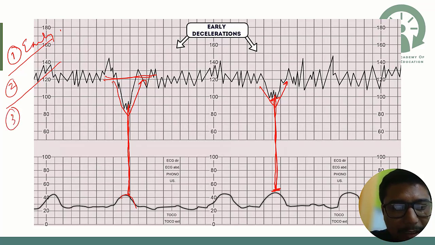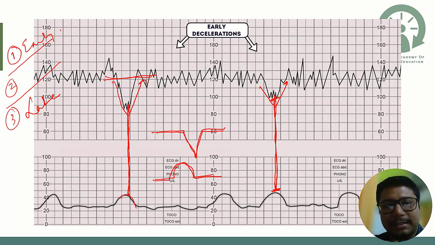If the deceleration comes after the contraction, like if this is the contraction and this is the deceleration, that we will call late deceleration. We will see the causes of it. Remember, late deceleration is the worst among the commonly encountered decelerations, and that's why your seniors in the labor room, or your teachers in exams, have told you to auscultate the fetal heart after a contraction.